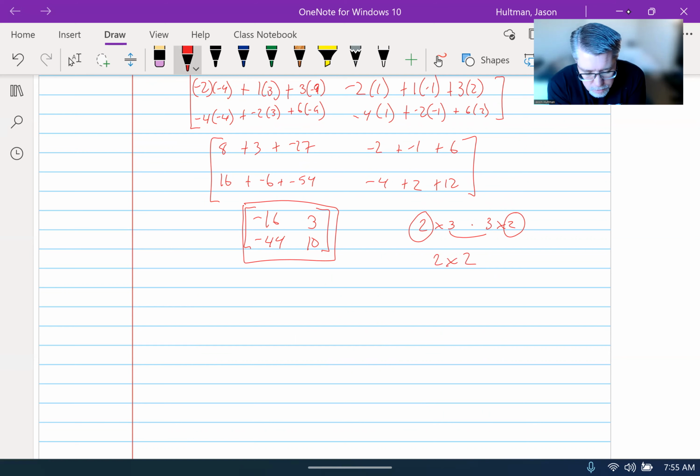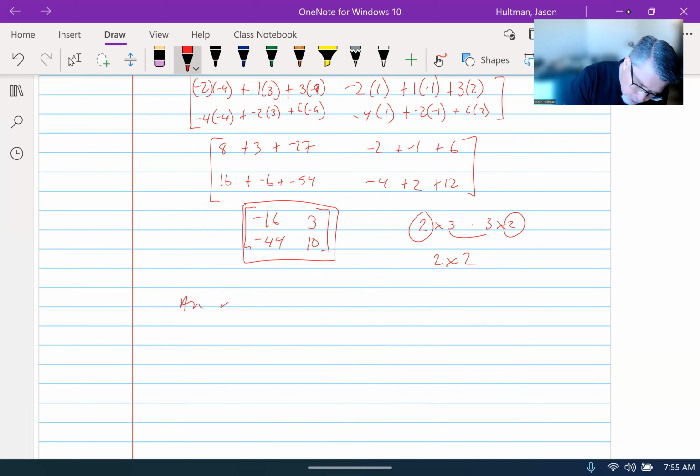Okay. So the dimensions of the matrices, before I multiply, will tell me the dimensions of the resulting matrix. We'll formalize that into a statement.